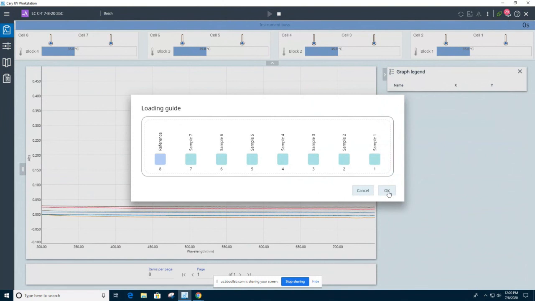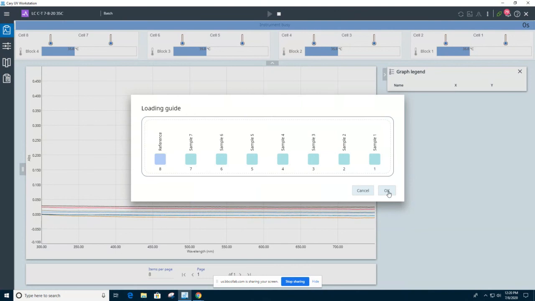Now we're back to the other file, and I've waited for the temperature to come down to 25 degrees C. When it does, I'm going to hit OK, because the samples are already in there.